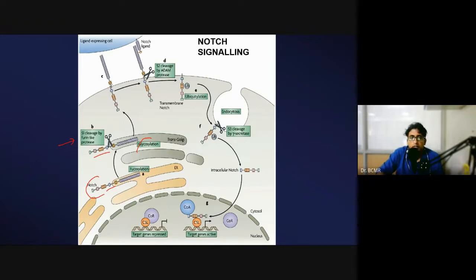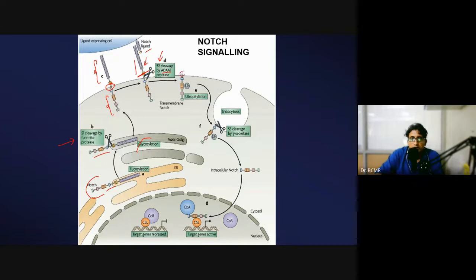So now you can see three domains in total: the extracellular domain, the intracellular domain, and the transmembrane domain. When it binds to a Notch ligand like Jagged, Delta, and so on, there will be conformational changes, and then S2 cleavage will occur, which is mediated by ADAM protease, and that cleaves off the extracellular domain.